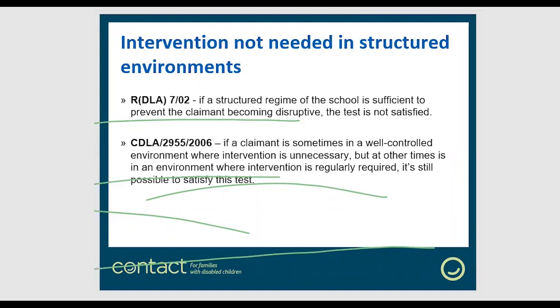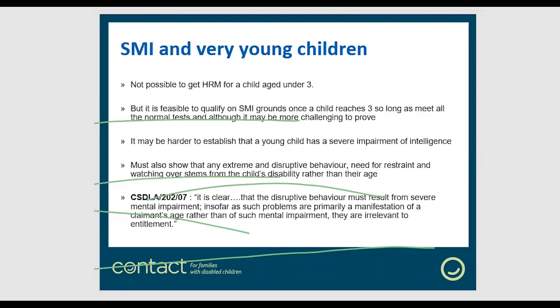I want to say a little bit about arguing for high rate mobility on the grounds of severe mental impairment where it's a very young child. A lot of parents will ask us, is it possible to get high rate mobility on the grounds of severe mental impairment for a child who's 3 or 4? The reality is it is certainly feasible.